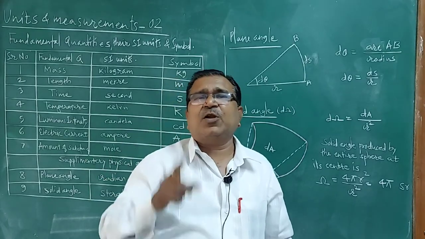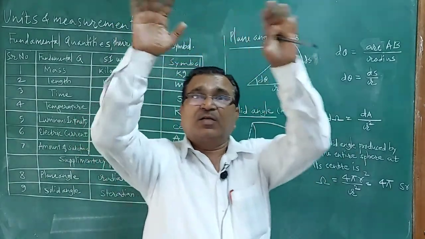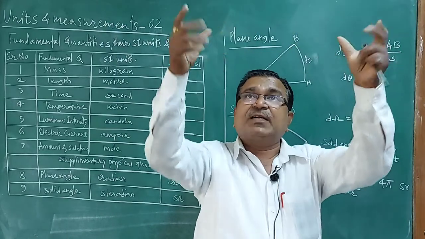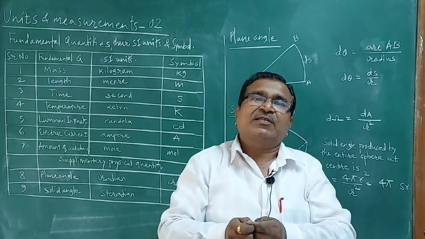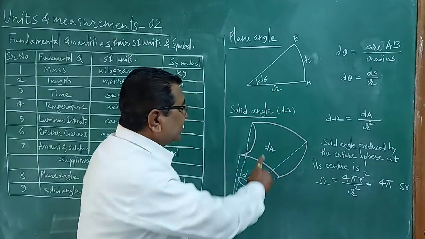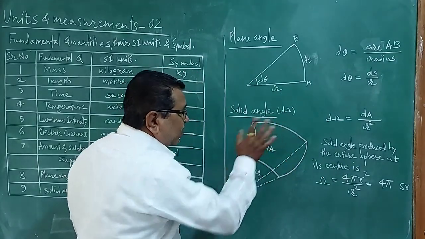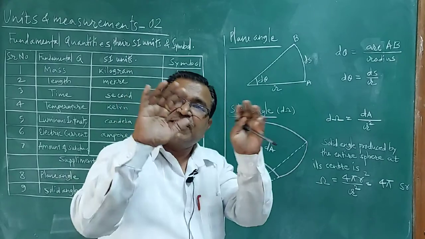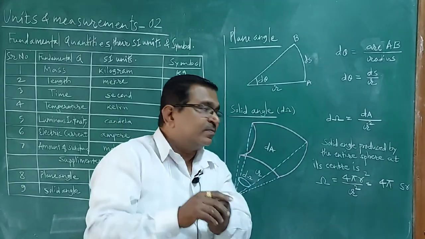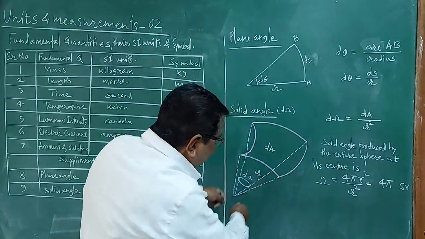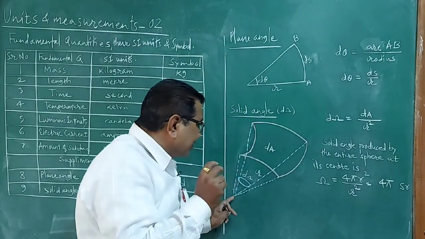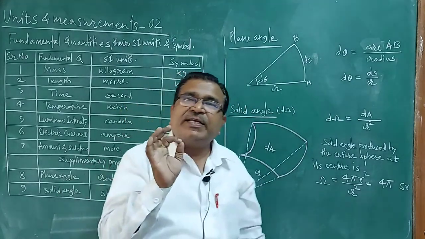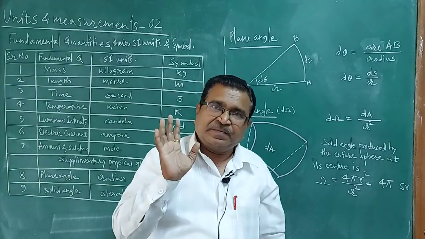Or take an example of a parachute. A parachute is nothing but one surface and some ropes coming in the downward direction. So this is an element of a sphere, not a circle, and take ropes like this. Then the angle made by that at the center, we call it the solid angle d omega.